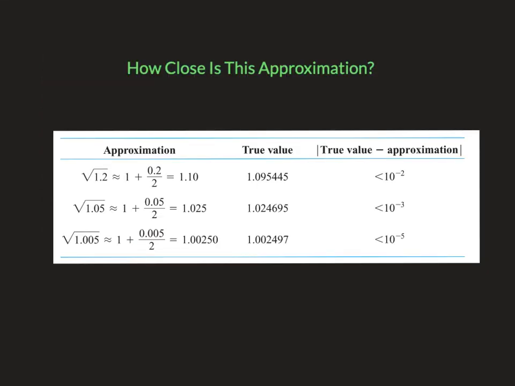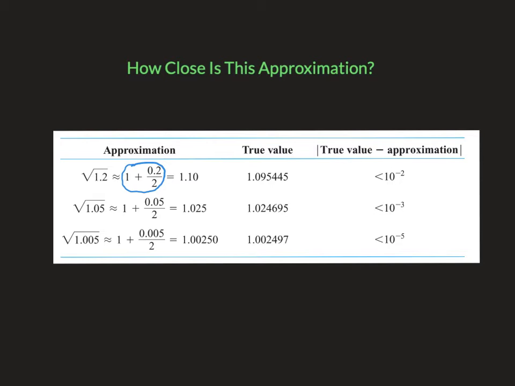So a good question to ask at this point is, how close is this approximation? If we take a look at the function that we just talked about, our approximation is just 1 plus x over 2.